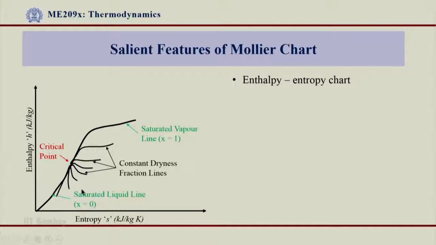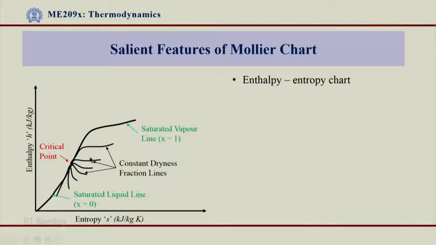All other lines shown here schematically are constant dryness fraction lines, that means x values. So, this could be 0.1, 0.2, 0.3, 0.4, 0.5, and so on, somewhere here x is equal to 0.9 and things like that.